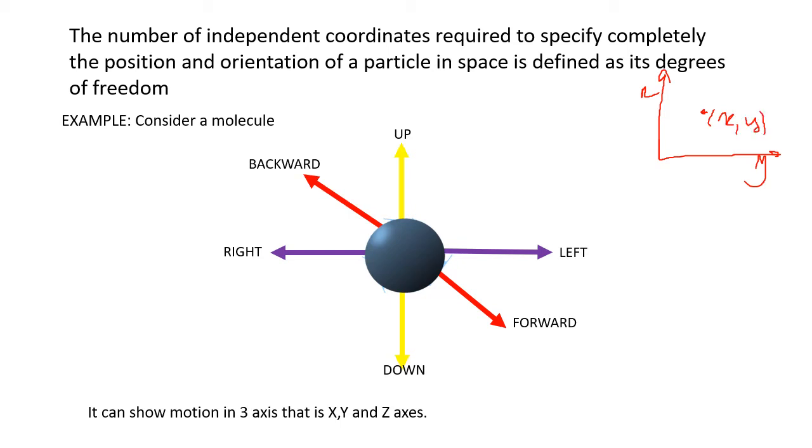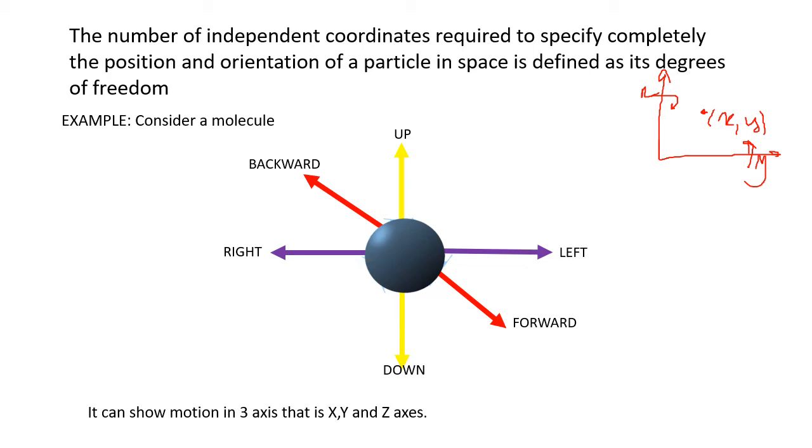This x doesn't depend on this y and this y coordinate doesn't depend on this x. This is what independent coordinate means. So the number of independent coordinates required to specify completely the position of this particle, that is where this particle is moving along the x and the y coordinate, and the orientation, that is the rotation of the particle along these two coordinates, is defined as its degrees of freedom.